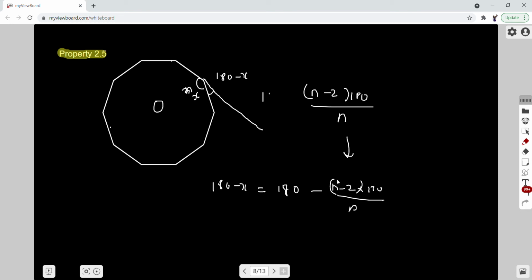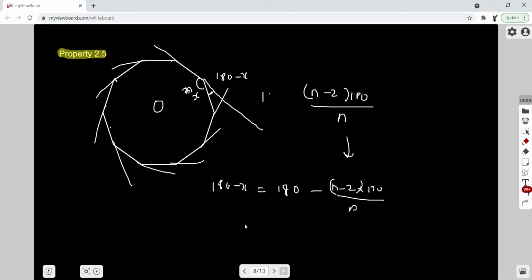And now what do we do? Because we have found one exterior angle, and we need the total exterior angle, we need to multiply it by n, because there are n sides in total. In this case, there are 10 sides because I took a decagon.